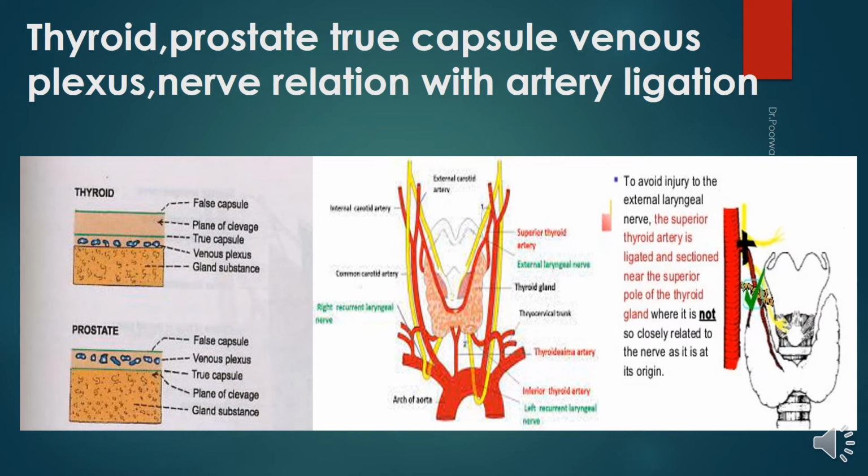So, to avoid hemorrhage during operation, the thyroid is removed along with the true capsule. Whereas in case of the prostate, the venous plexus lies between the true and false capsule. So, both the capsules are left behind during prostatectomy. Then the posterior strip of the thyroid gland is left behind during thyroidectomy to avoid damage to the parathyroid gland.